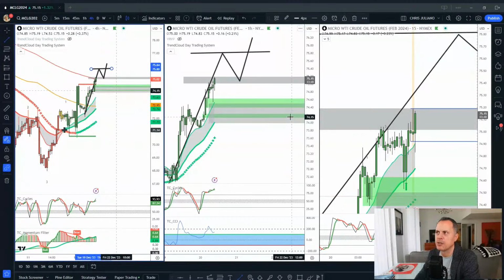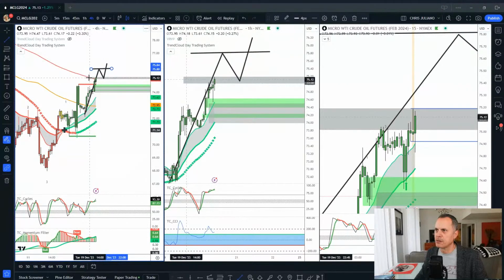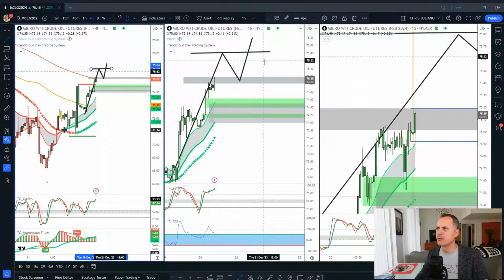That's always our pattern, right? A move up, a pullback into a demand zone that might have support of a major support level on the high time frame, and then a break above, and then we break through structure.